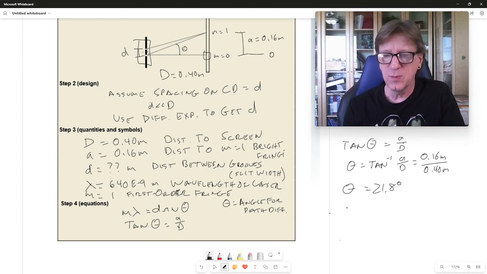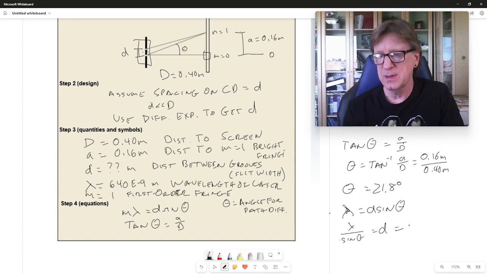Okay, so now I'm ready to go back to my other expression. M is 1, so I've got lambda is equal to d sine theta. And so lambda over sine theta must equal d. So that's 650 times 10 to the minus 9 meters divided by sine of 21.8 degrees.